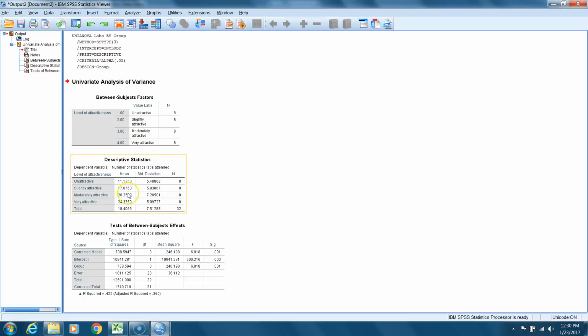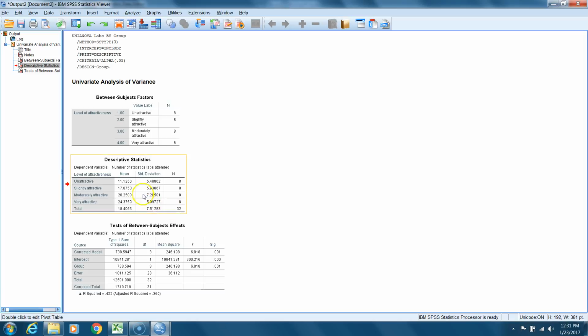We have our descriptive statistics, which give us our means and standard deviations for each level of our group: unattractive, slightly attractive, moderately attractive, and very attractive. That's our independent variable, which separates out what we're looking for an effect for. And then we have our outcome measure of number of stats labs.